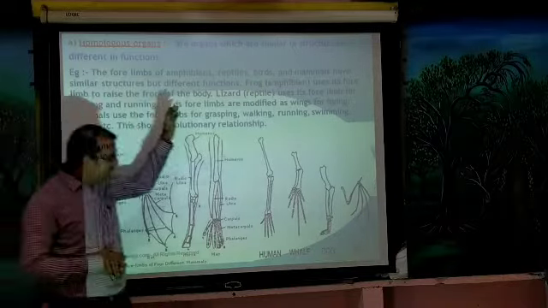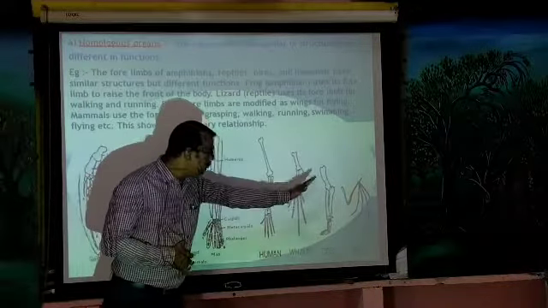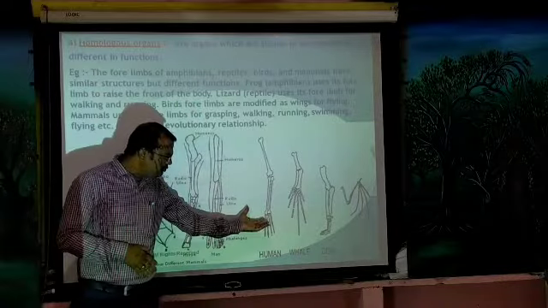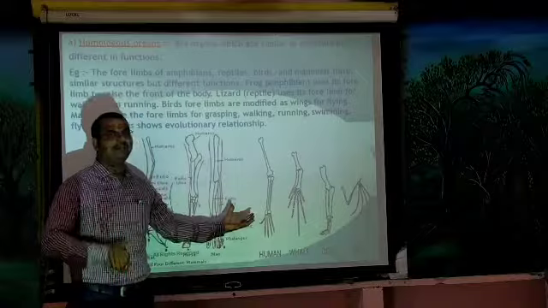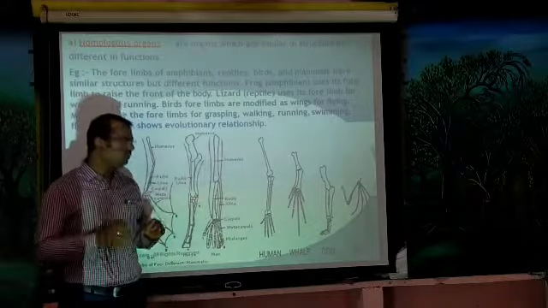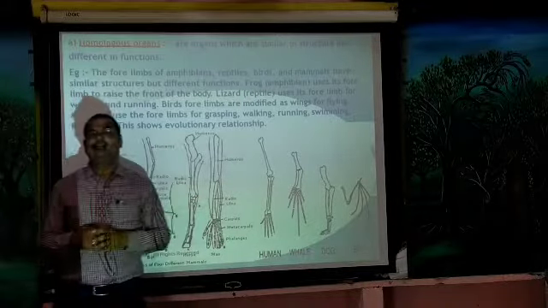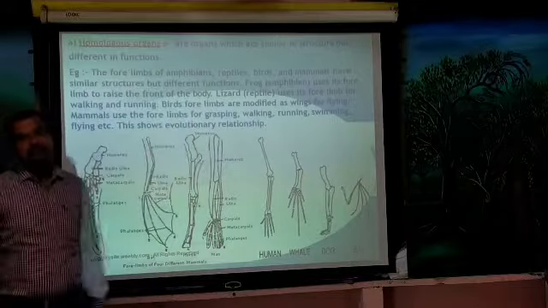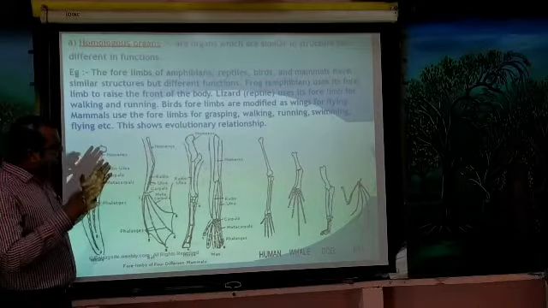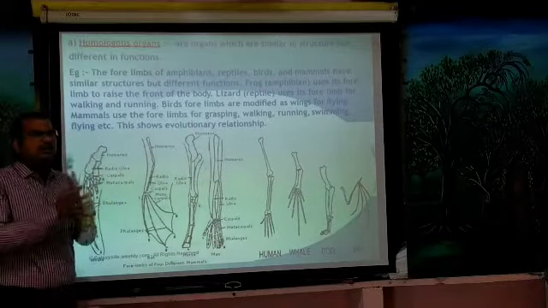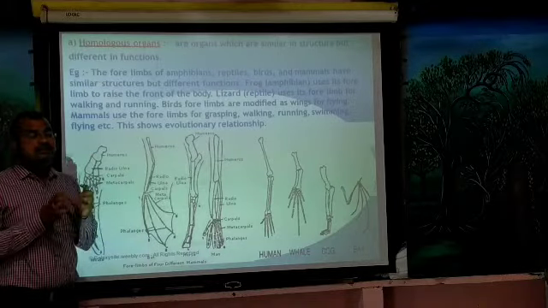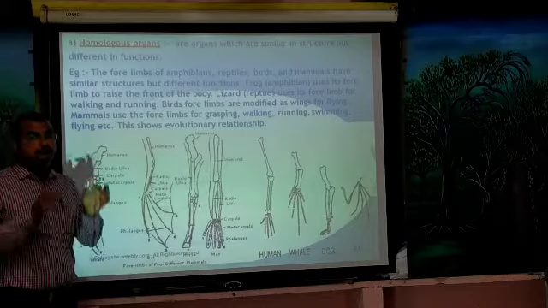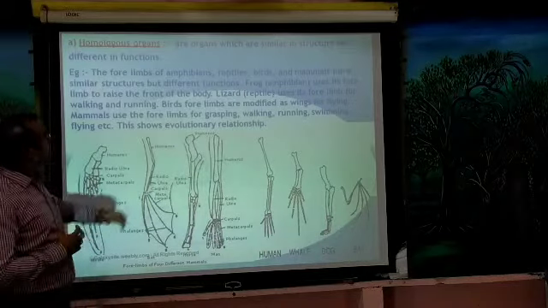For example, you compare a human and a bat. Humans use the arms or limbs for walking or holding something, whereas a bat utilizes them for flying. So the internal structures are similar, but they perform different functions. Such kinds of organs we call homologous organs.